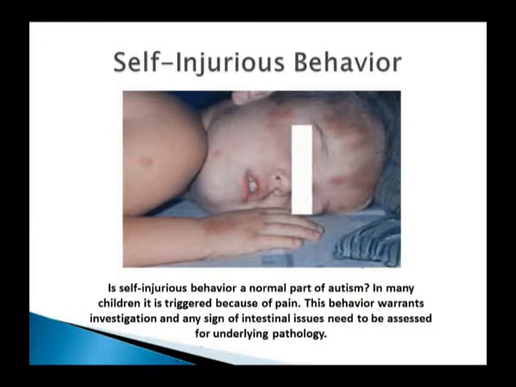But in my experience, the vast majority of self-injurious behavior in autism is linked to some underlying comorbid problem. Constipation, bacterial problems, food sensitivities, some kind of pain response. Not always, but quite commonly, 80% or more often.